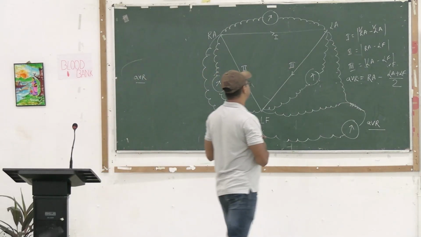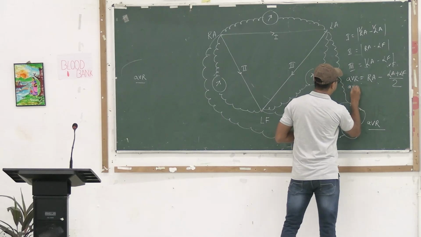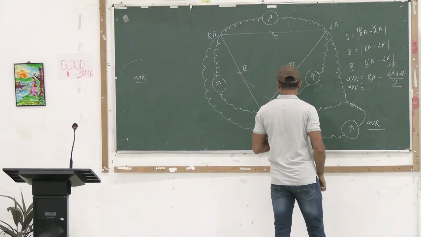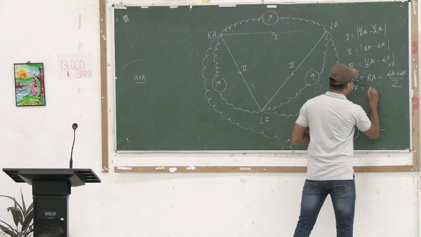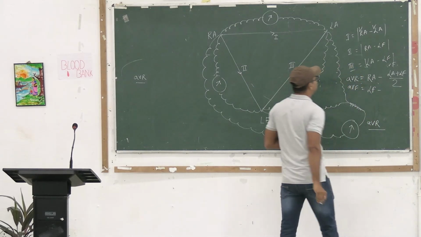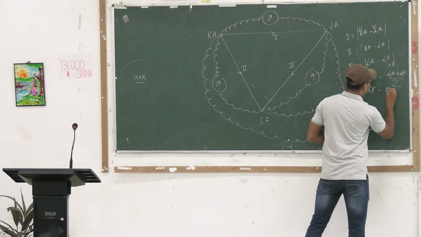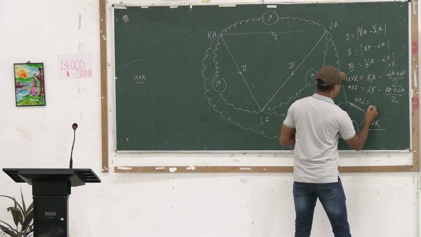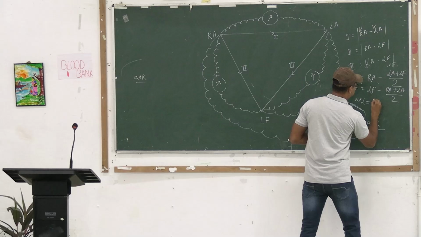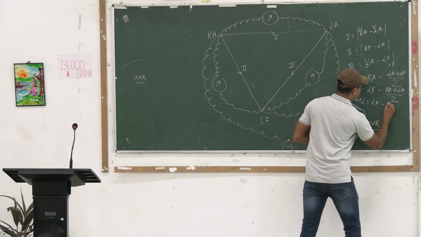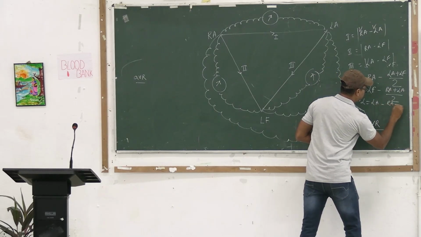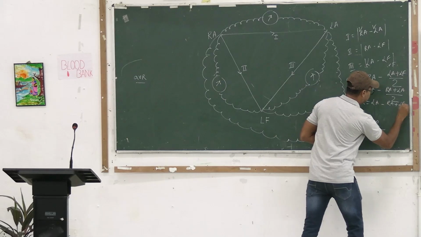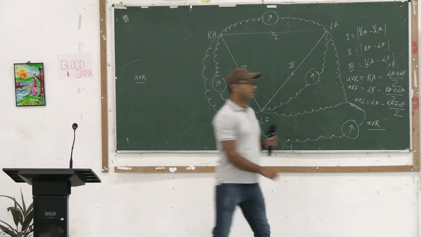So similarly, AVF is equal to LF minus the common terminal of RA and LA. Clear?